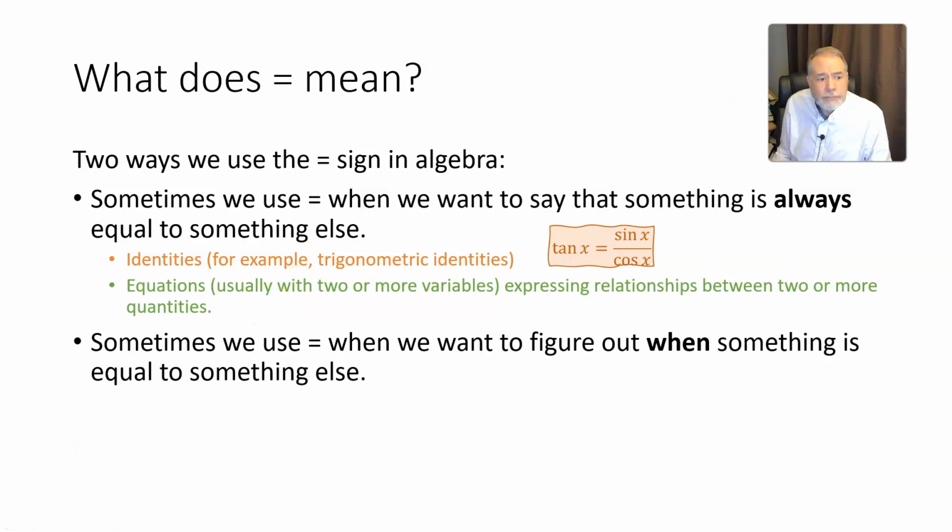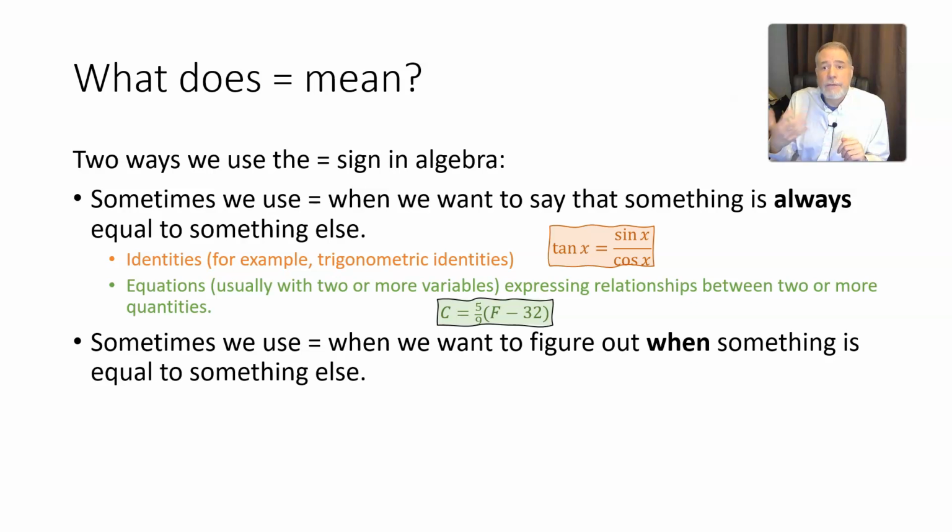And equations with more than one variable express the relationship between those variables, or the quantities that those variables stand for. An example of that would be something like a conversion formula. C equals 5/9 times the quantity F minus 32 is used to express the relationship between the temperature in degrees Fahrenheit and the temperature in degrees Celsius.